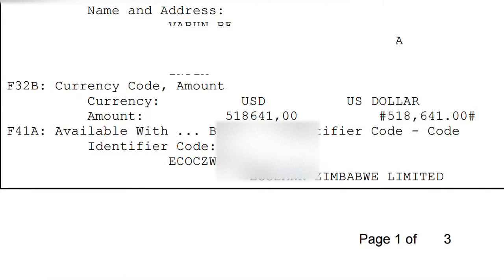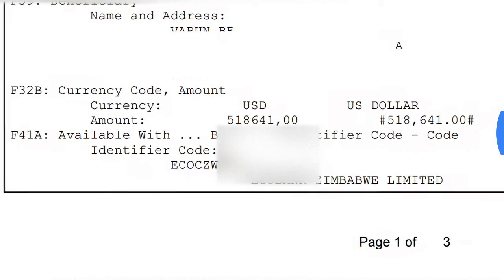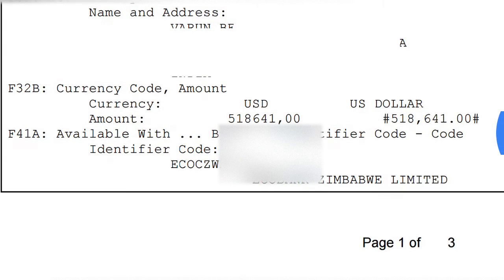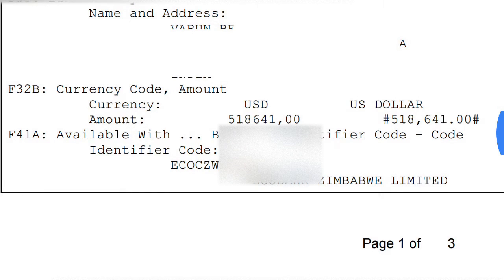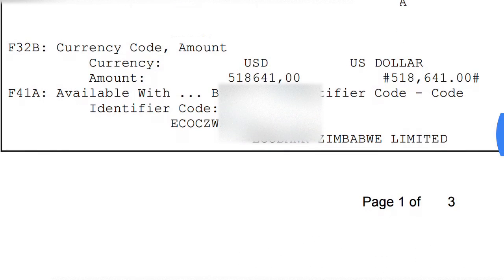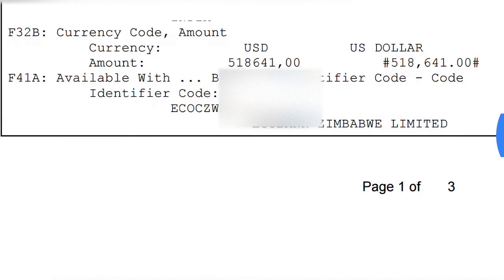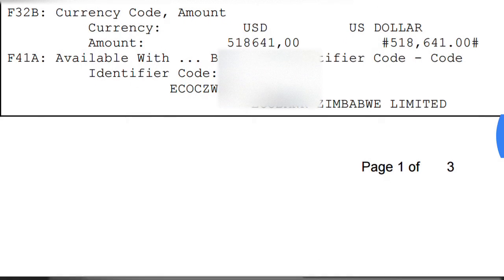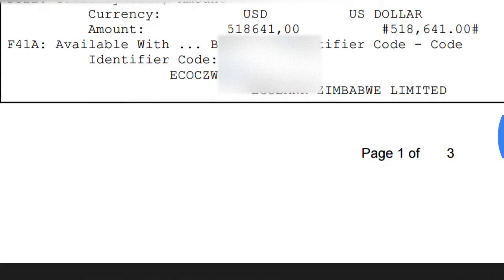Code 32B, currency code and amount: the total currency amount is mentioned in this code, and the shipper needs to export goods worth the mentioned amount. 41A, applicable with the identifier code. This is a unique code, and against this code the bank releases the payment.